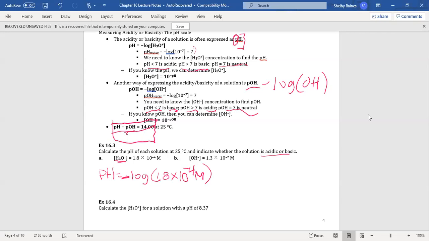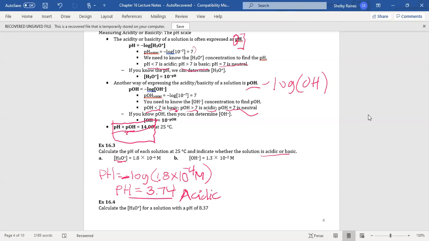I got my pH to be 3.74. So that is less than 7, so it is acidic. Okay, that was easy enough.